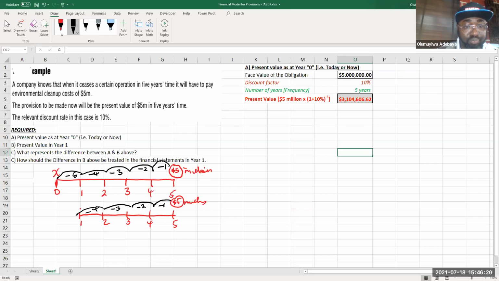Alternative to that is to move from year 0. You are going to year 5, but you first of all make a stop at year 1. And in year 0, we've gotten it to be 3.1 million from the information we had here. And what you do is to move from year 0 to what? Year 1. And you only move plus 1 time. And therefore, those are the 2 approaches we are going to use.